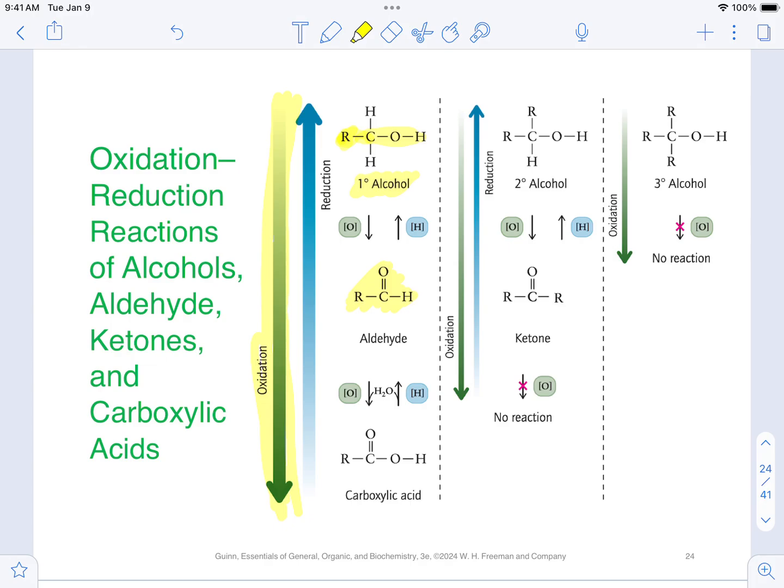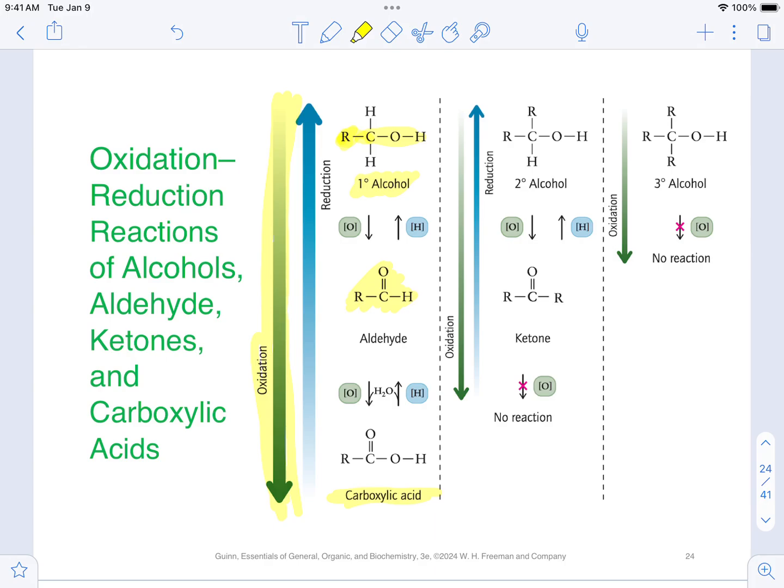Your C is bonded to an H and then an R group. And then your aldehyde can get oxidized to a carboxylic acid. So every time we're getting oxidized, we're losing H's or gaining O's or something like that. But if you see a primary alcohol and it gets oxidized, it's going to turn to an aldehyde.